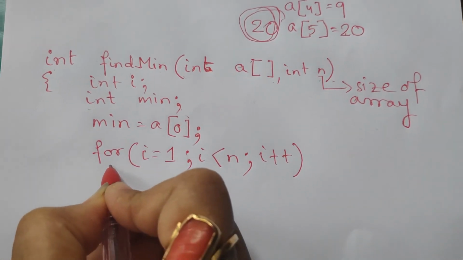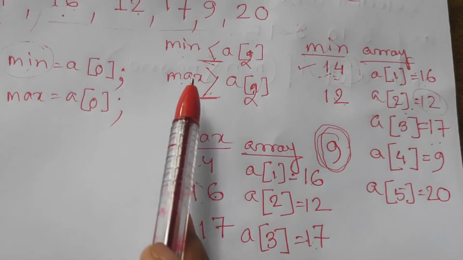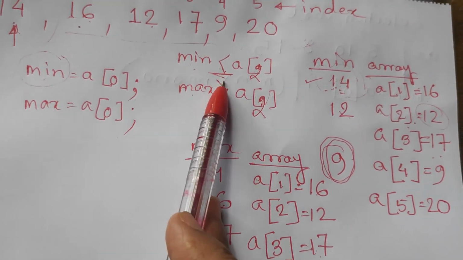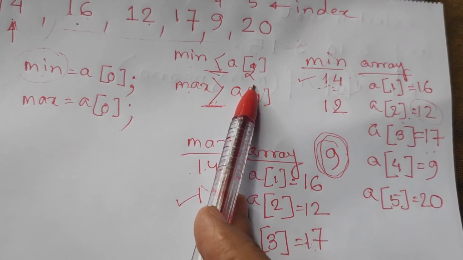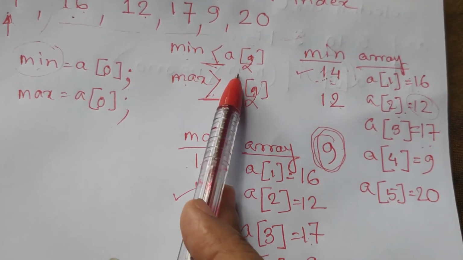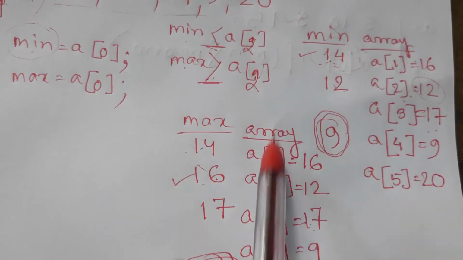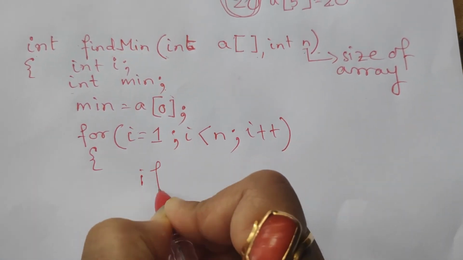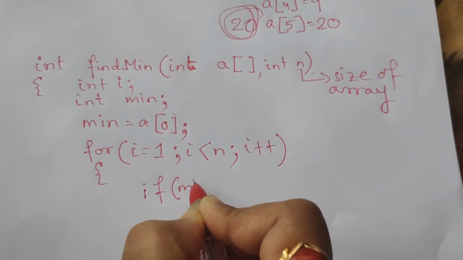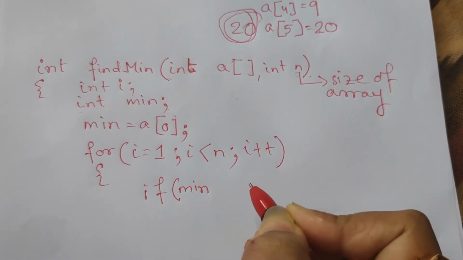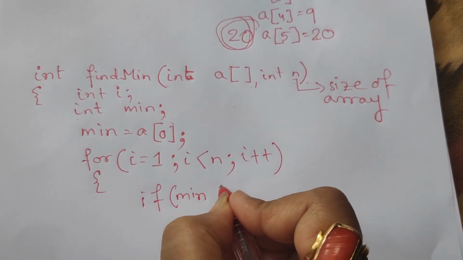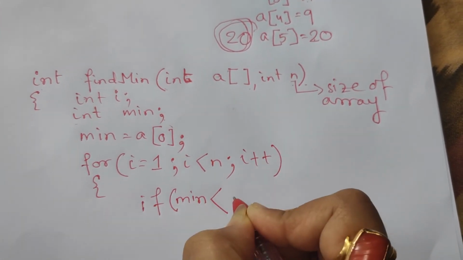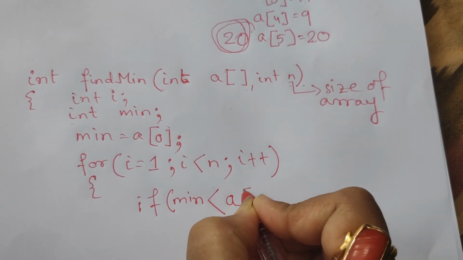Now, what is the comparison? As I have already shown you, minimum less than the ith element of the array. So the same thing I will write over here.